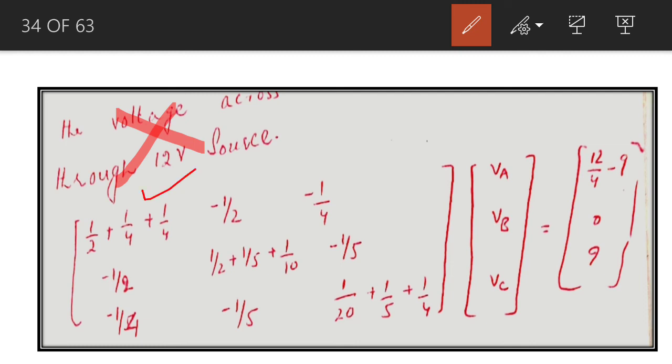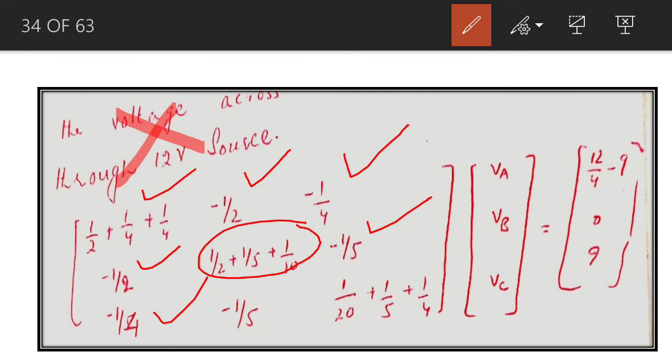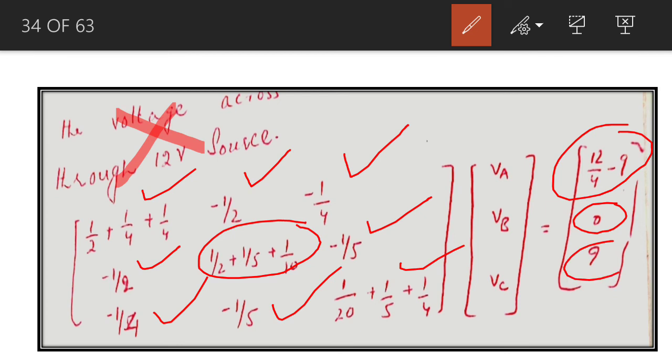Here is G11, here is G12, here is G13, here is G21, here is G22, here is G23, here is G31, here is G32, and here is G33. Well, we will calculate IG1, IG2, and IG3.